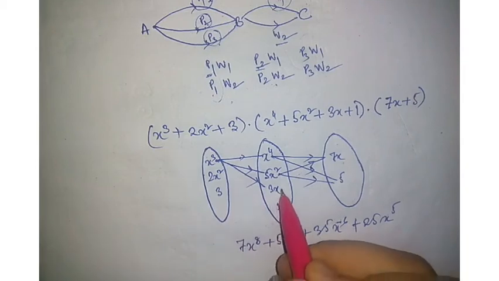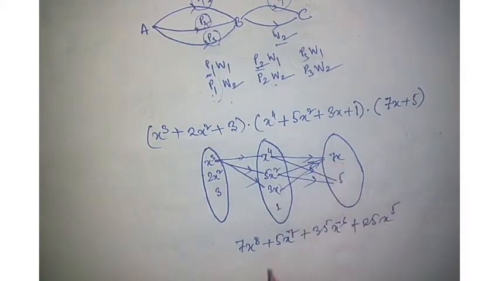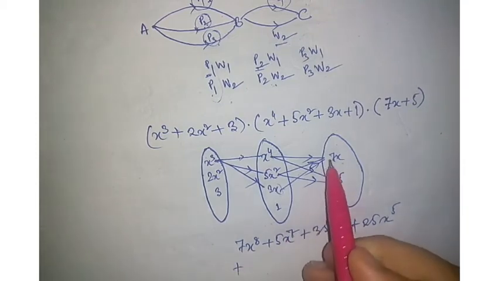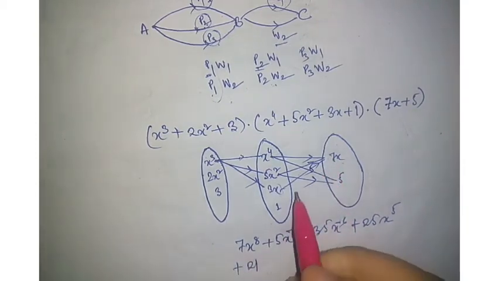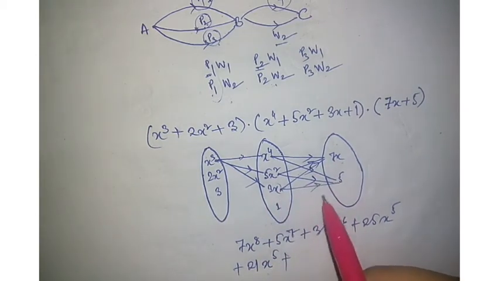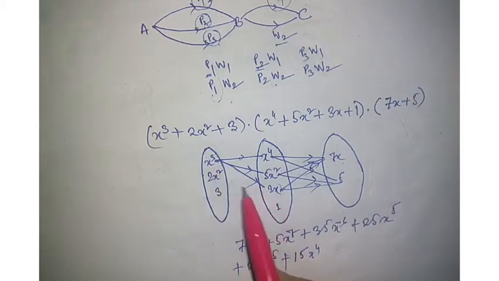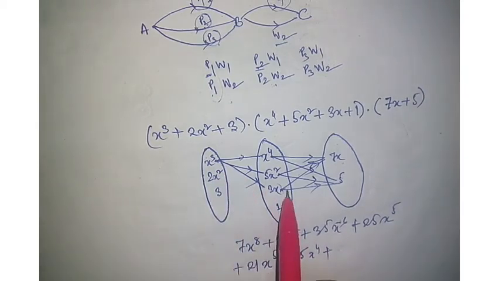Next option is to go with this one, and with this I can combine with this term or this term. If I combine it with this term, then I shall get 7 times 3 is 21, and then x square, x to the power 5. Then if I combine with this term, then I will get 5 times 3 is 15, then 15x to the power 4. So I have got this one. Then these alternatives are again exhausted.